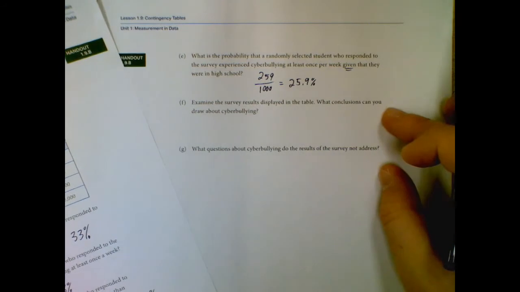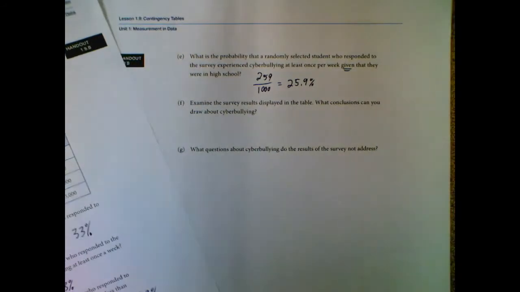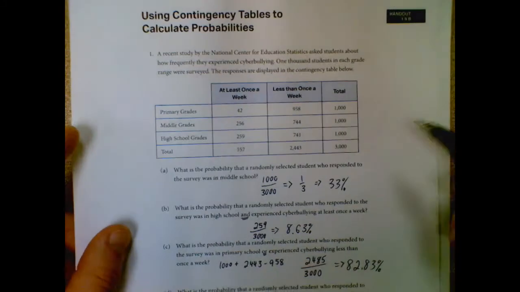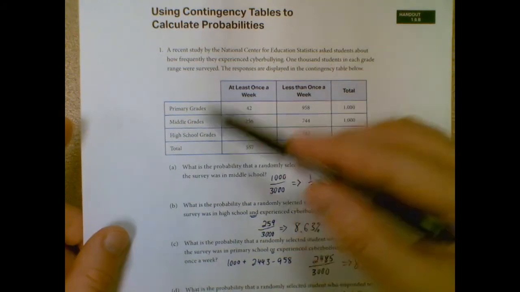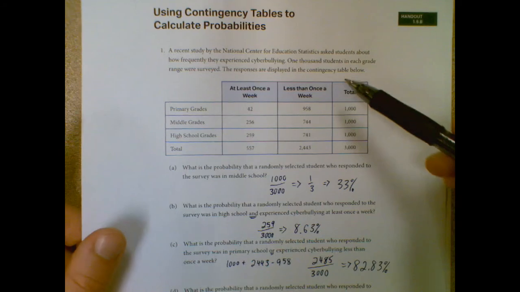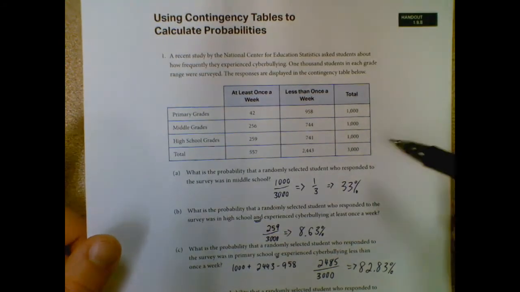This one's pretty open-ended. What questions about cyberbullying do the results of the survey not address? These are analysis questions. One thing you could say is it never says how many people don't think they're cyberbullied. It's assuming it happens. You could say it needs to be broken down a little bit more.